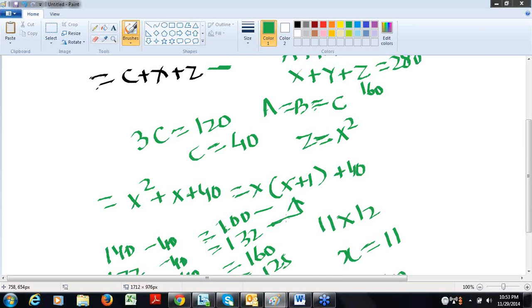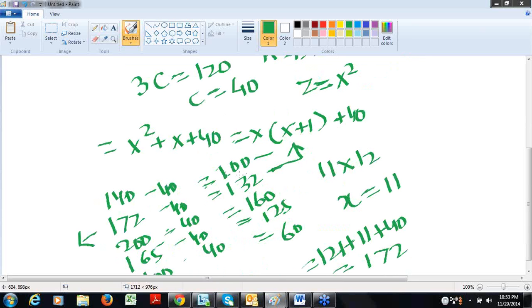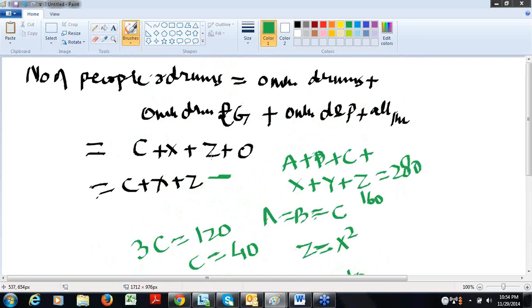Now if you subtract 40 out of all the options that have been given, it has to be a multiplication of two consecutive natural numbers. So the X into X plus 1 format it should be. If you check all the 5 numbers and subtract 40 from them, it is 100, 132, 160, 125 and 60. So only 132 will satisfy, which is the multiplication of 11 and 12.